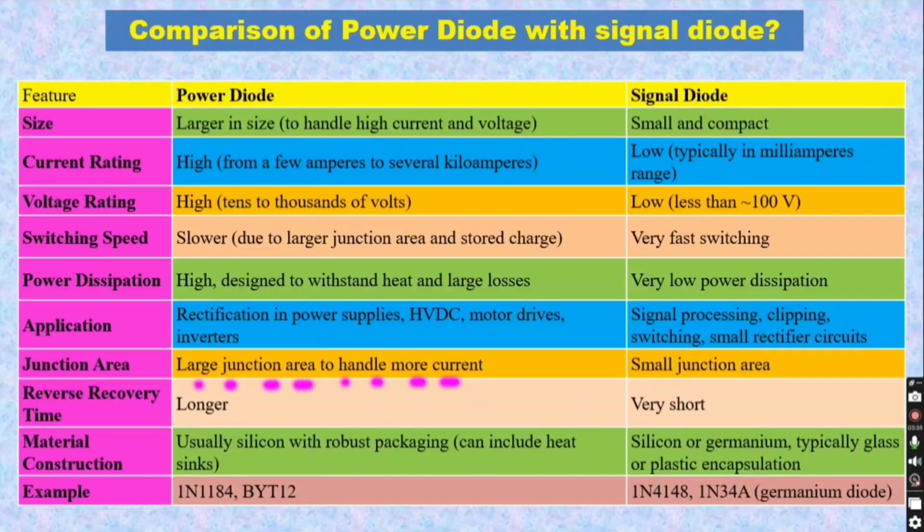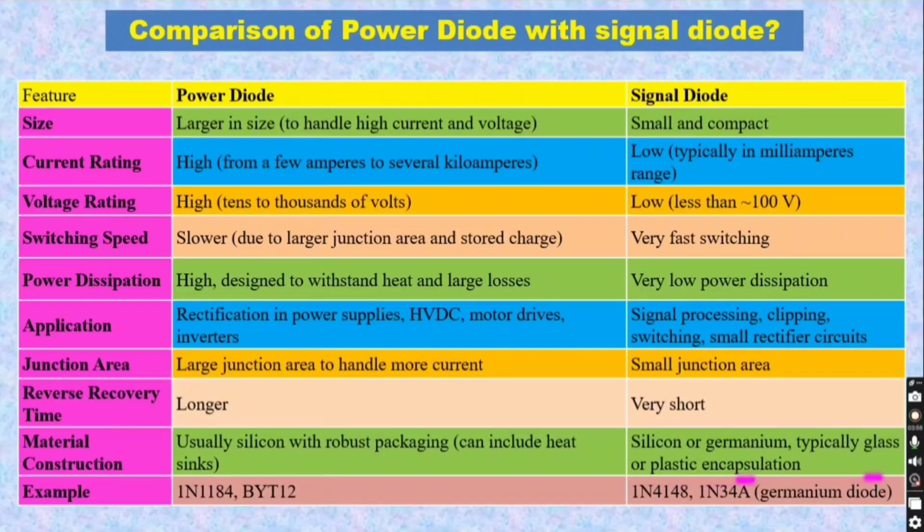Power diode has a large junction area to handle more current. Signal diode has a small junction area. Reverse recovery time is longer for power diode. Very short reverse recovery time for signal diode. Usually silicon with robust packaging is used for power diode.